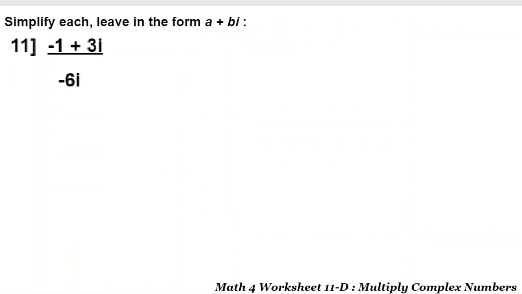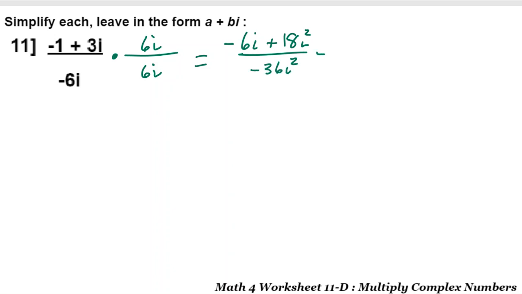All right, here we have just a negative 6i underneath, so we're going to multiply by a positive 6i. And when we distribute, we get that, and we get that. And this times this gives us negative 36i squared. Now, the i squareds are going to change the flavor of this. Minus 18 and positive 36 on the bottom. And of course, we're going to switch the order.